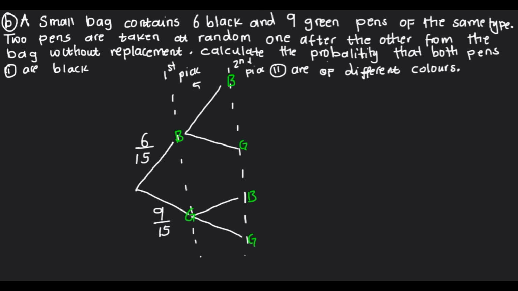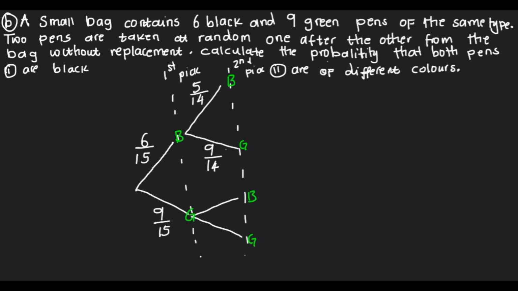So we are expecting to have 5 black pens. Then even the total should reduce to 14 since 1 is picked without replacement. Then if we assume black is picked, then green must not change. So the green should be 9 over 14.